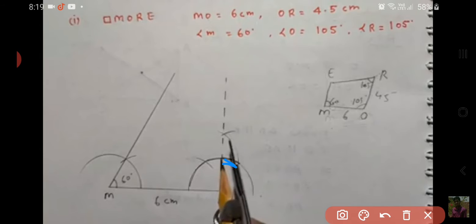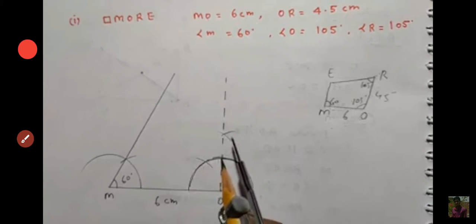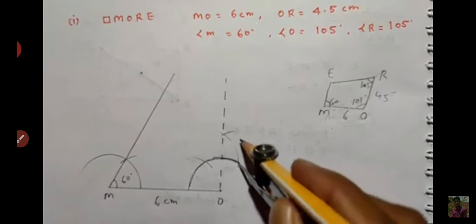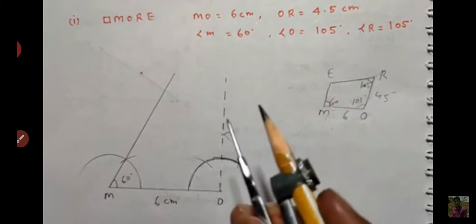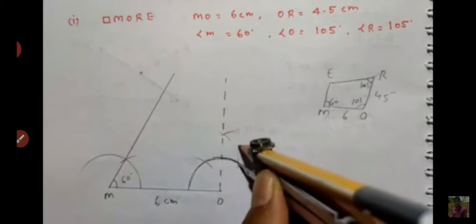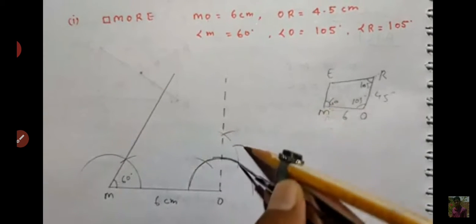Let's draw it. And remember, take the distance of these two points, 90 degree and 120 degree. Understand? Now draw an arc and draw another arc.